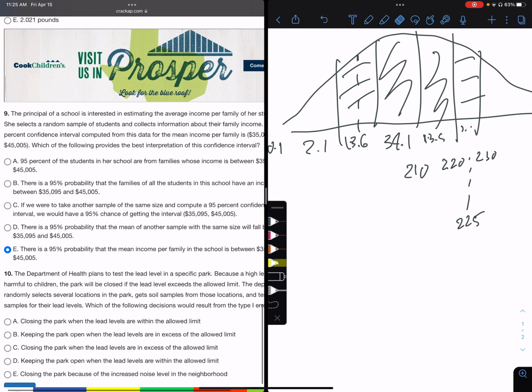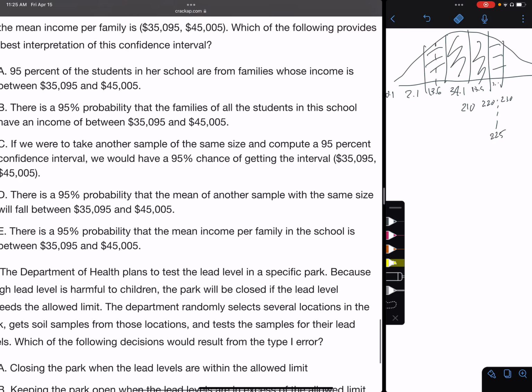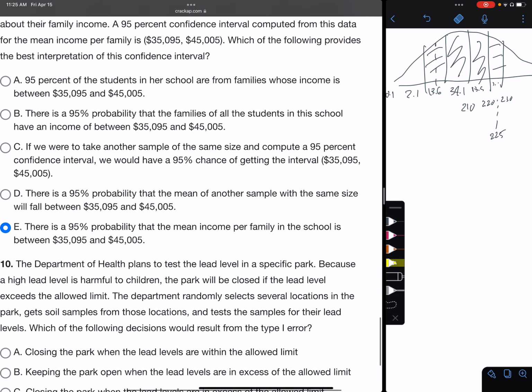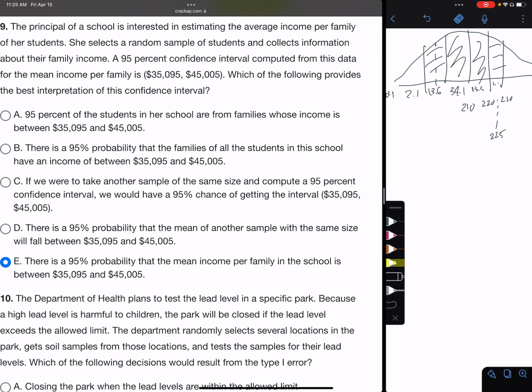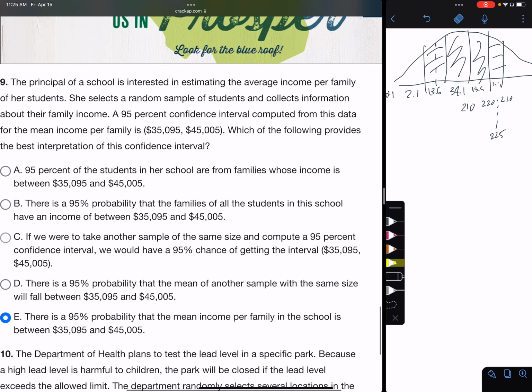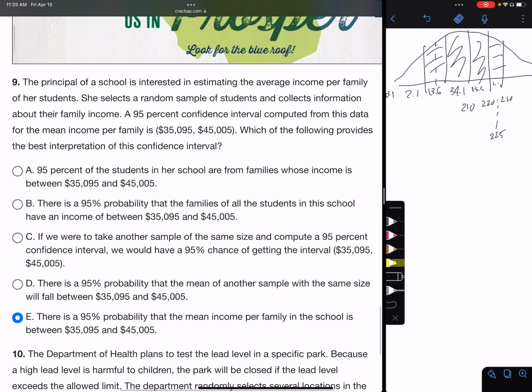Is it the mean? Yeah, some sample. No, we're not talking about other samples. Families of all students in the school. Per family of our students.